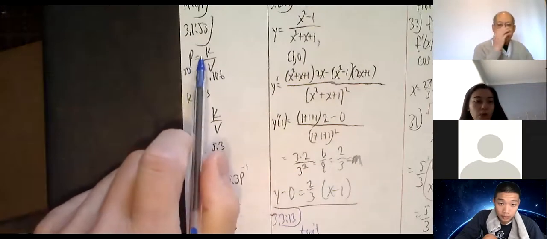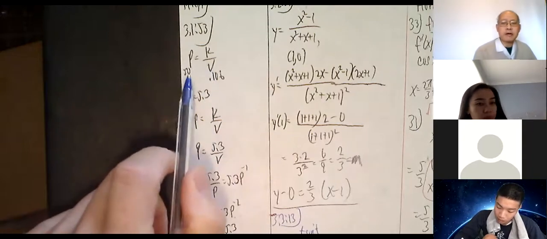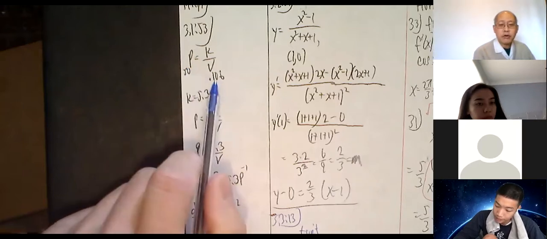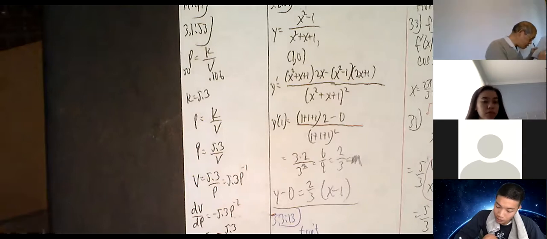So P equals K over V. Okay. Then they told me to plug in 50 kilopascals and 0.106 for the volume. Volume was in cubic meters, I think. Yeah, meters cubed.